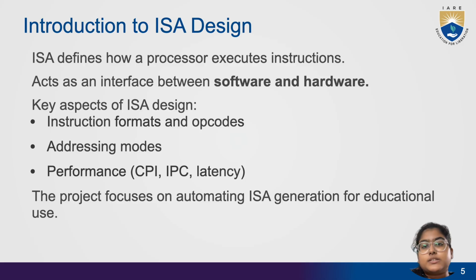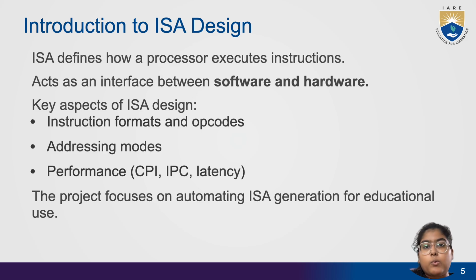Before we go into system details, let's quickly recall what an ISA actually is. Instruction set architecture, or ISA, is the interface between software and hardware. It defines the instructions that a processor can understand and execute, such as add, load, store, or jump. The efficiency of a processor heavily depends on its ISA design.